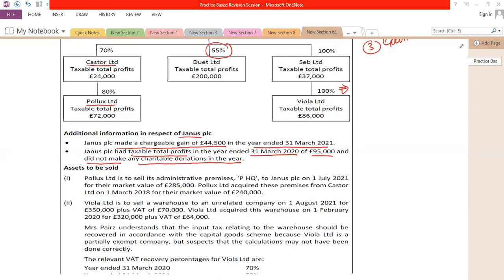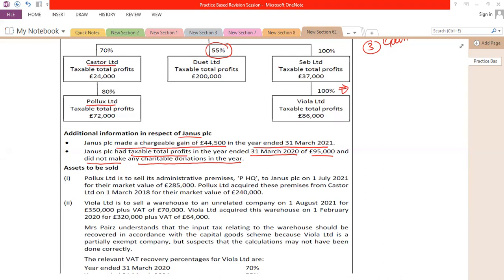One thing you have to consider is that in a group structure, if a company is joining or leaving, that creates a problem in terms of the corresponding period.